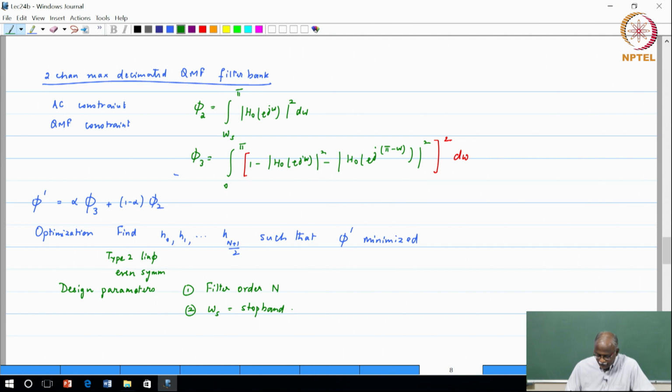And implicitly, once you fix the stop band edge and you have constraints phi 3 through phi 3, once you specify omega s, omega p gets fixed because of the flatness constraint that we have specified.